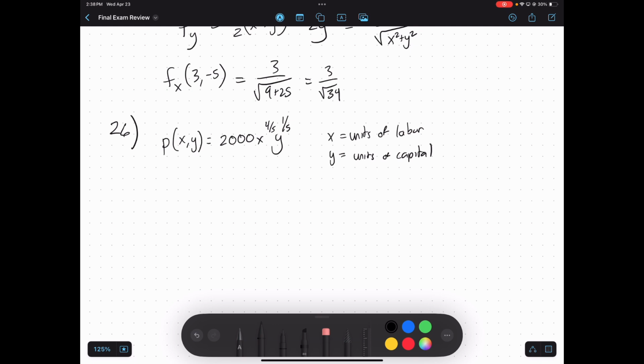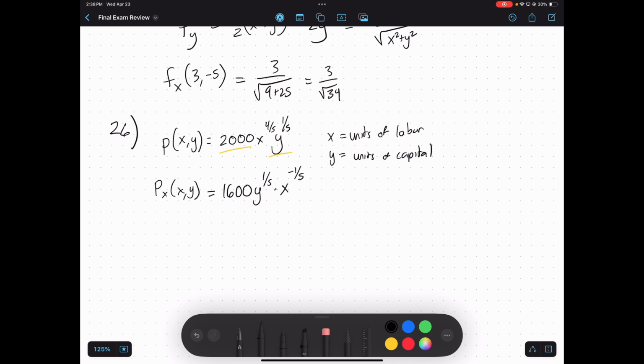So let me just run through it pretty quick. My partial derivative in terms of x is I'm going to treat y as a constant, and I'm going to treat 2,000 as a constant, which means they both just stay there, and I'm just taking the derivative of the x to the 4/5. And so I get 2,000 times 4/5, which is 1,600, y to the 1/5 times x to the, and when I use that power rule for the derivative, 4/5 minus 1 gives me x to the negative 1/5.